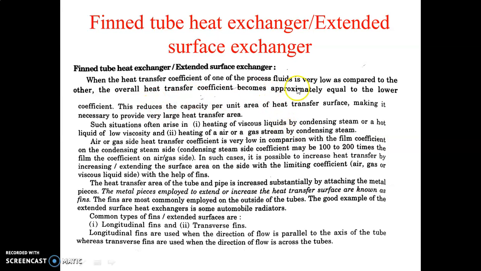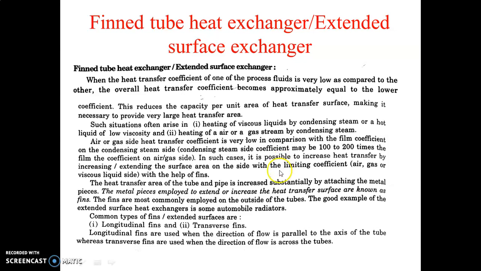The heat transfer coefficient is low when we are heating a viscous liquid or heating air. At that time one coefficient is very low and the other is very high. If we are using steam, the steam side coefficient is 100 to 200 times greater than the air or gas side.